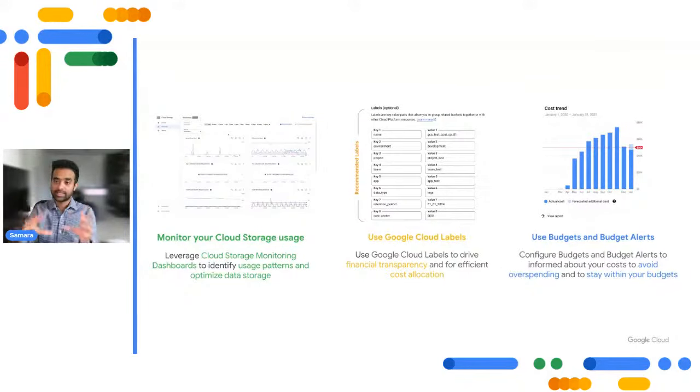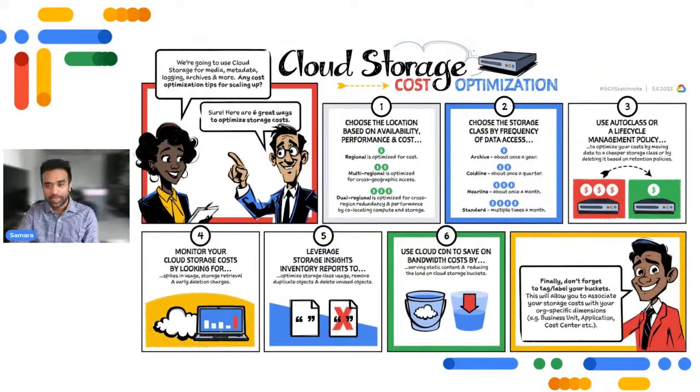So basically, these are the three key things that you can use to gain visibility and understand your GCS usage and costs. To wrap up, we have looked into these six key best practices that will help you optimize your costs. Number one, pick a location type to map to your workloads and use cases.